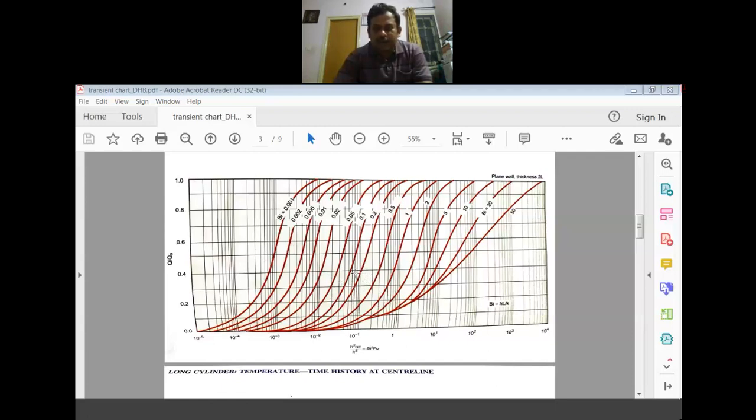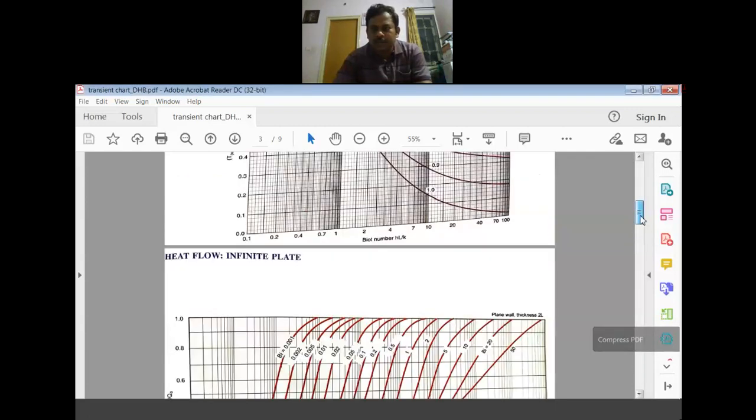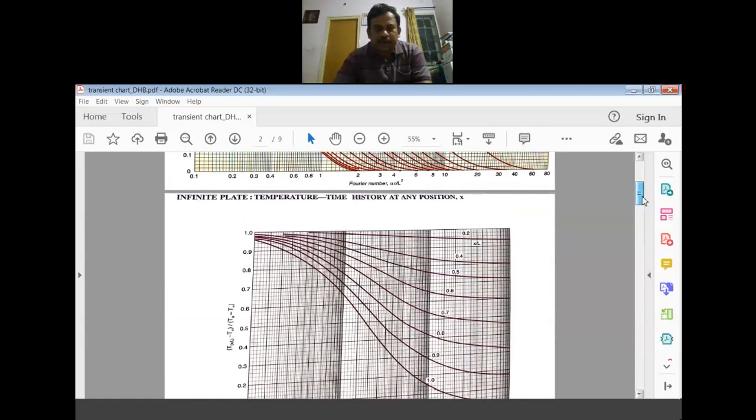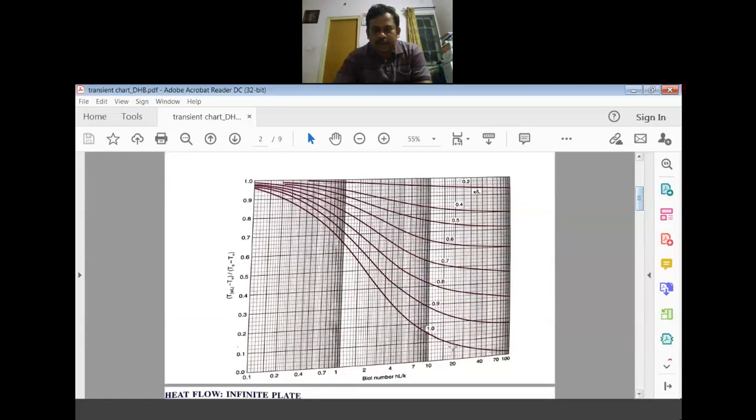So you have to go to the 0.28 and 1. Okay, this is the 1, that is x by L will be equal to 1, and 0.28, approximately it is 0.3. You can take this curve and this 1. It will be 0.88 approximately. Correct, no? Okay, 0.28 is the Biot number.